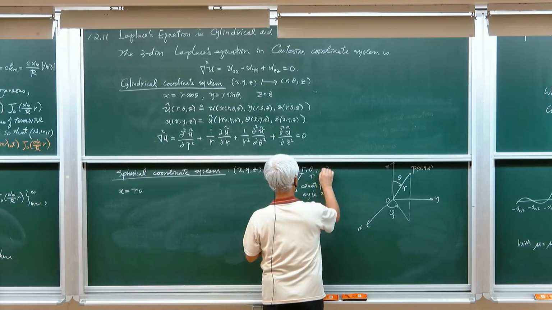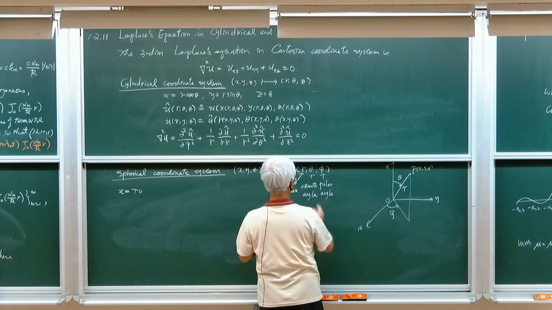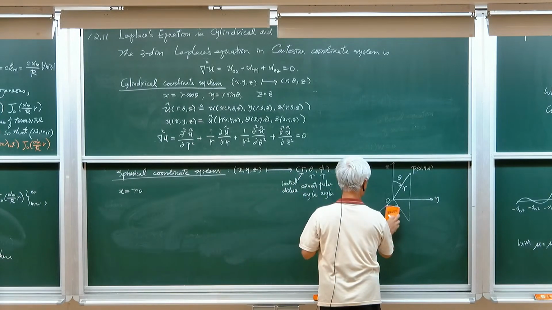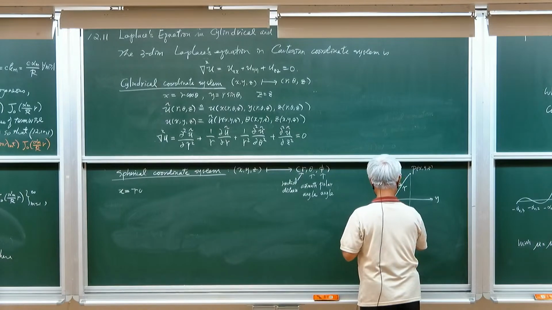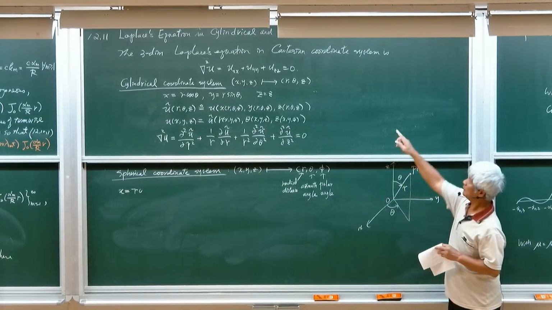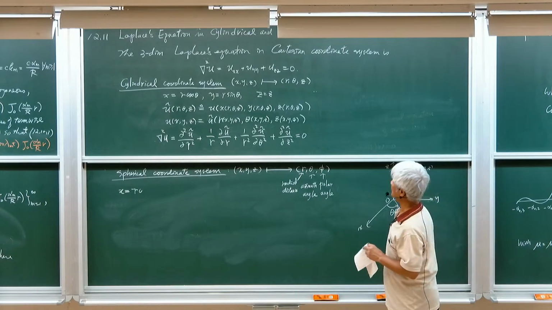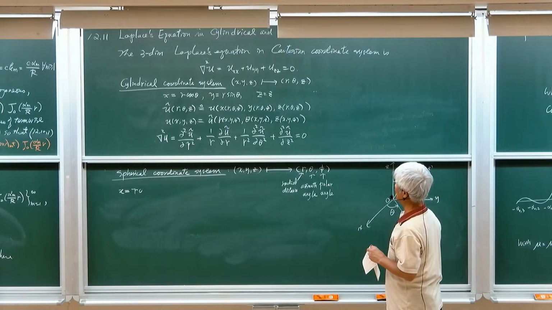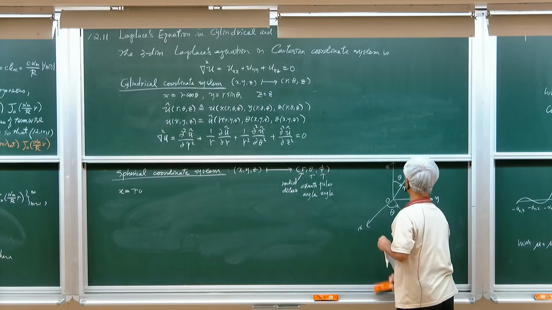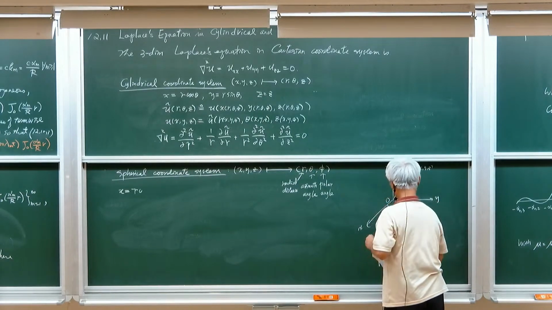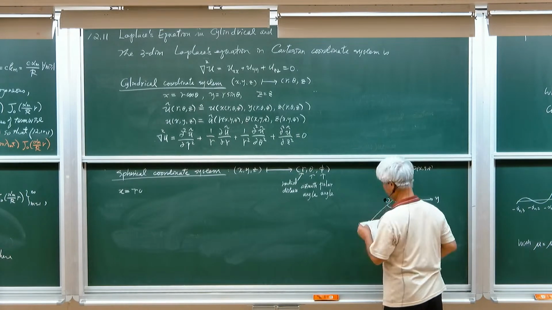In here, I use theta as in our previous notation. So theta is the azimuth angle, and the polar angle will be called phi here.